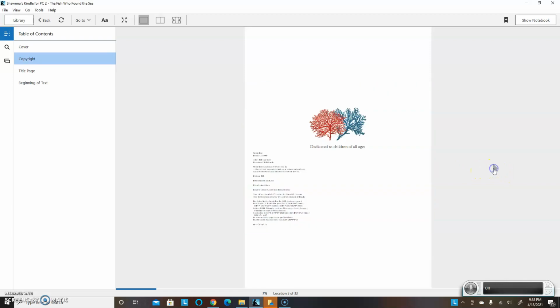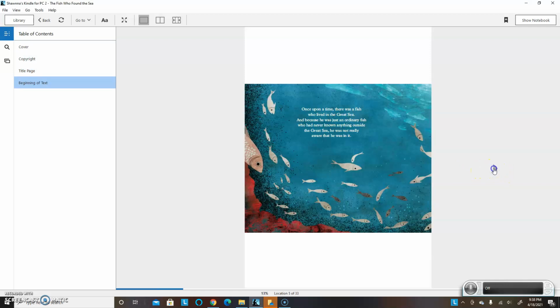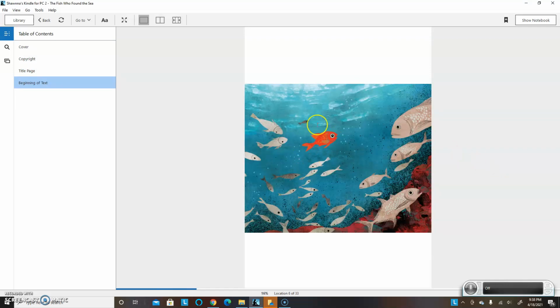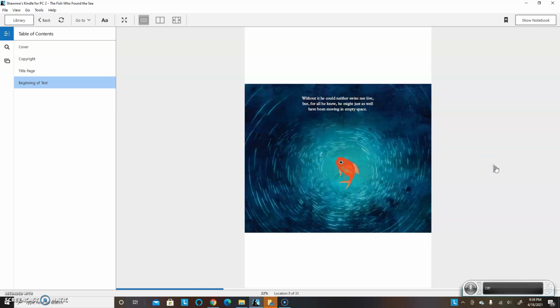I would flip through the book and point him out and go, this is our main character, this is our fish, and he is swimming. And then, in this picture, something horrible happens. It looks like he's sinking.